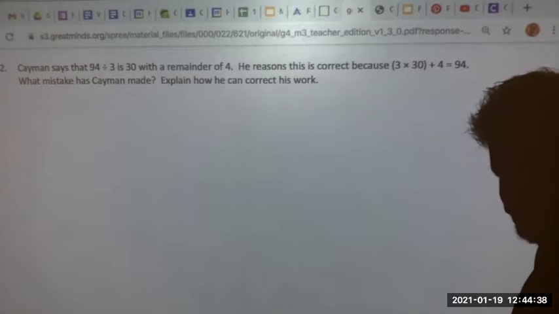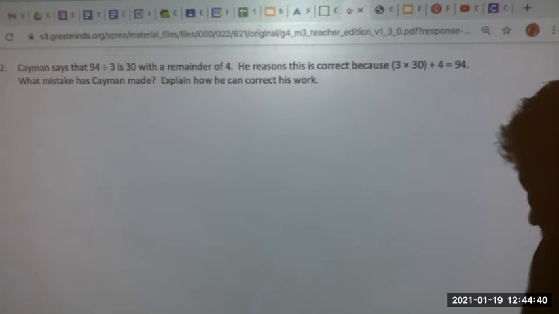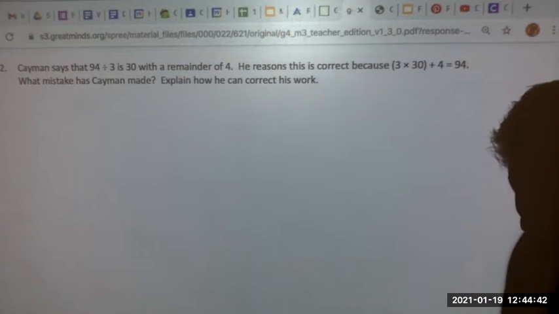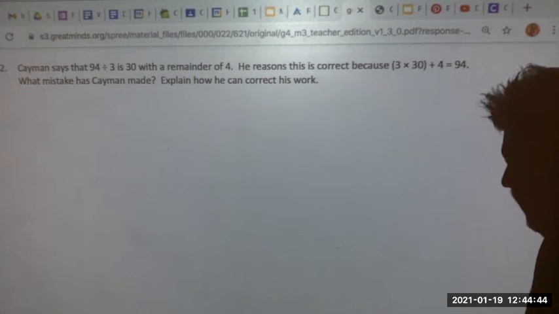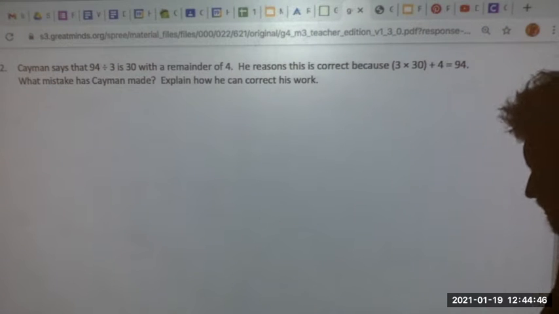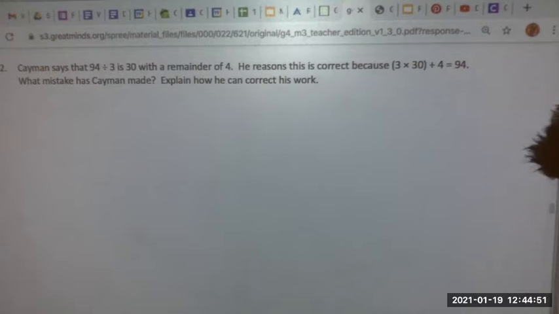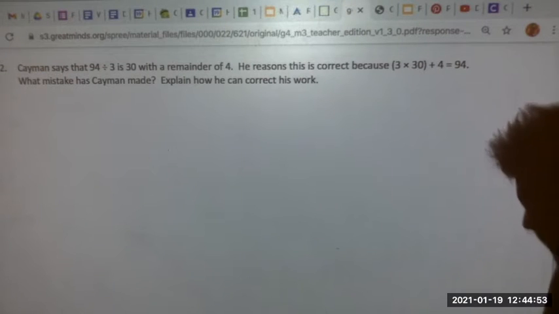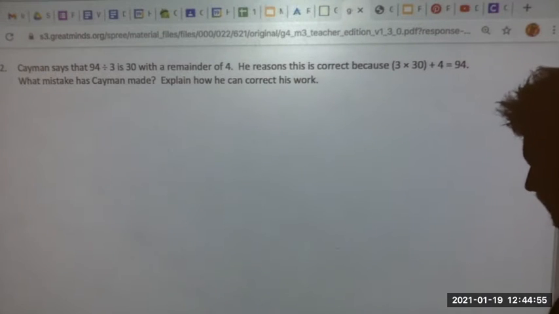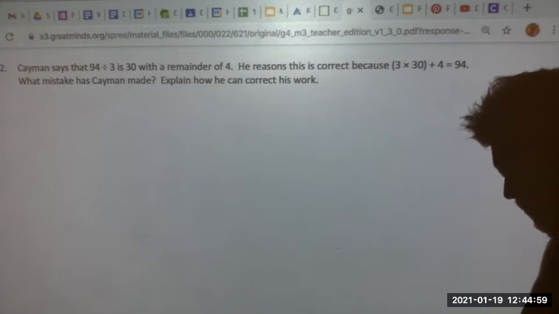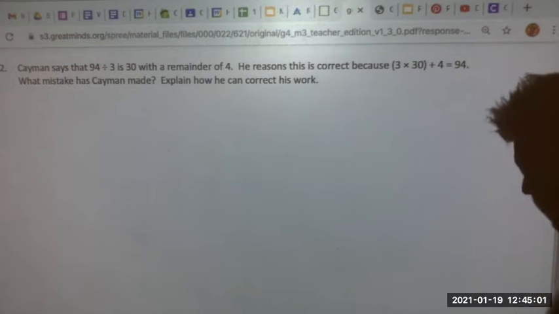All right, so for number 2, this is for you to look at, but I'm going to set it up for you. So K-Man, that's a very strange name. I would probably call him Caveman if he was in my class. K-Man, I guess maybe, says 94 divided by 3 is 30 with a remainder of 4.